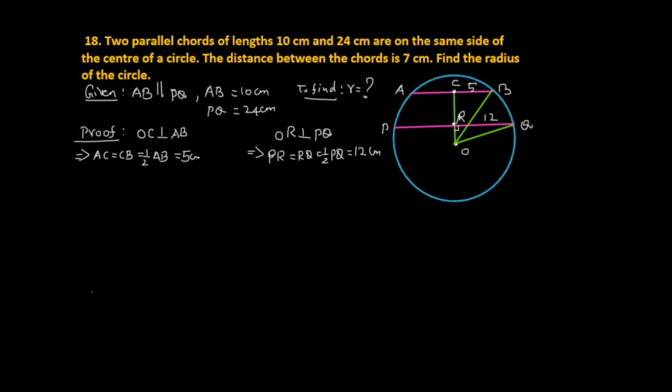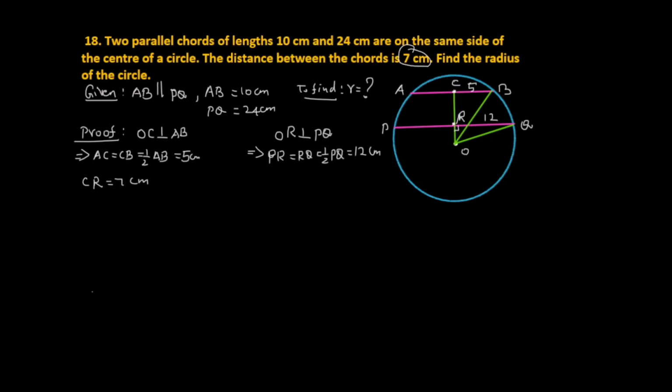Then we need to find the height. Here it is given the distance between the parallels. In the diagram, the distance between the parallels is CR. CR is given as 7 centimeter. Distance between the parallels is 7 centimeter, in the question it is given.